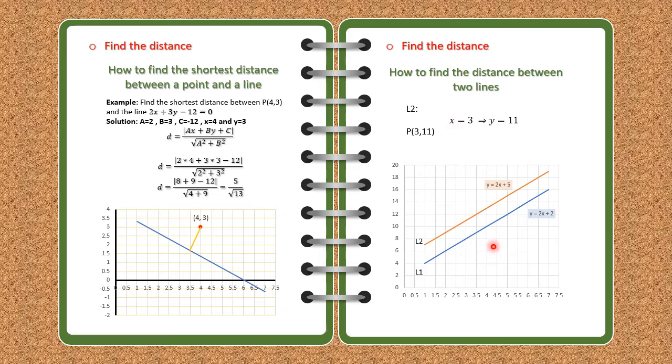So I will look at the point (3, 11), which is somewhere here. Then I will look for the distance from here to here by using the same method described before. This is the point (3, 11), and I will measure the distance using this formula.